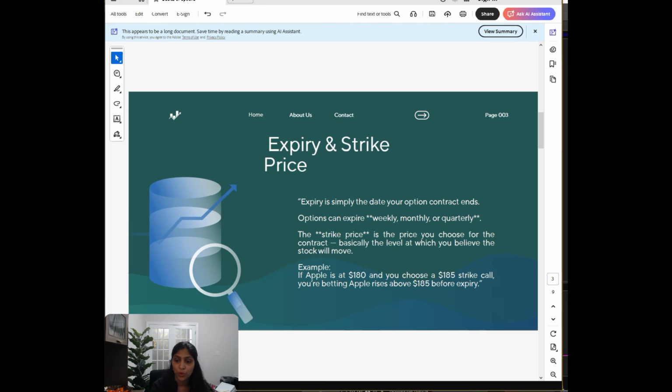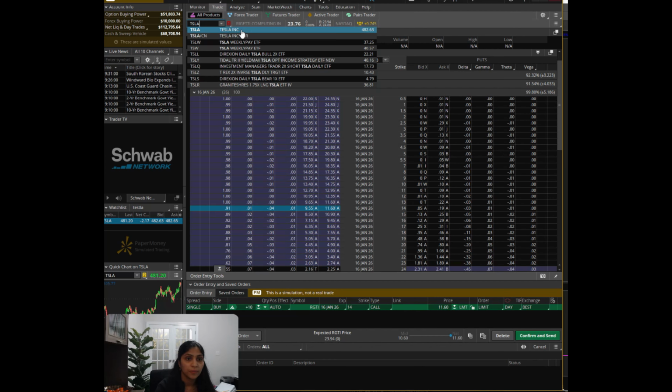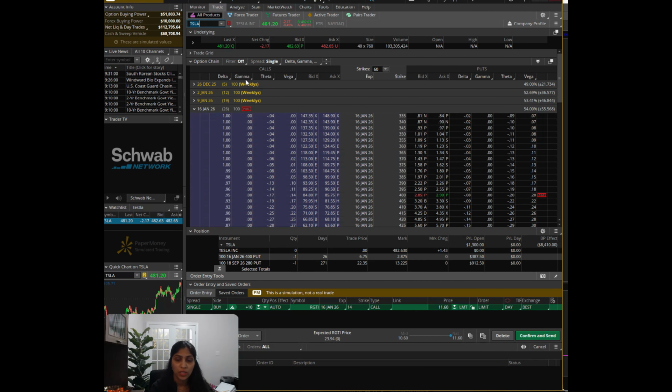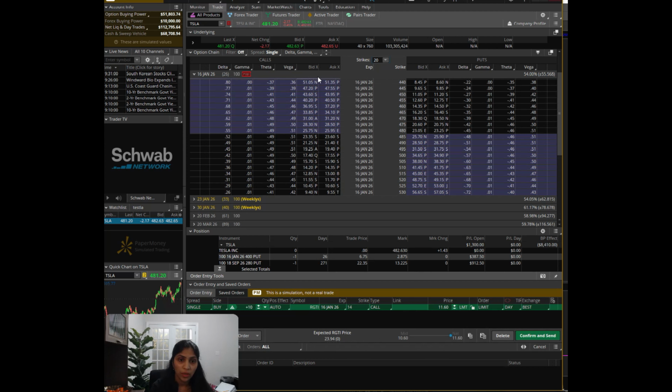So let me quickly show you what the option chain looks like. This is the option chain. Here I am going to take Tesla. If we see Tesla, this is the option chain, and let me keep only 20 strikes. This is the call side and this is the put side.